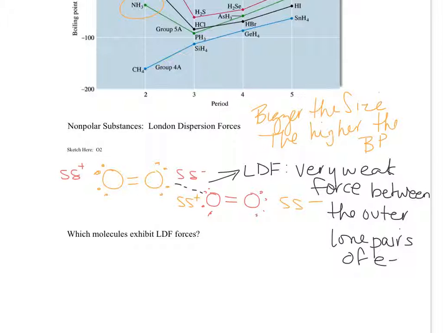When we talk about molecules, they all have LDF forces, but the prevalent force of LDF is in nonpolar molecules. So we always want to talk about which force is the most prevalent. That constant motion of the electrons, remember, creates a momentary dipole, which will happen over and over again, creating these LDFs.